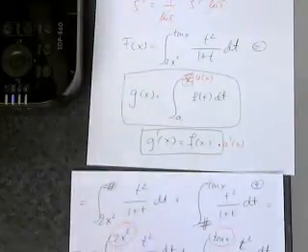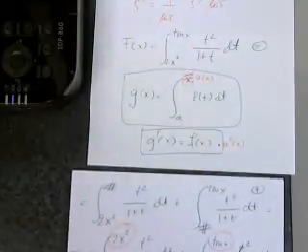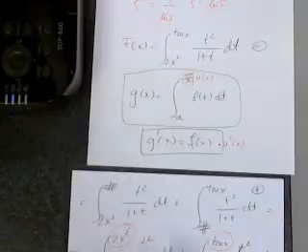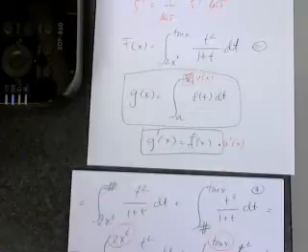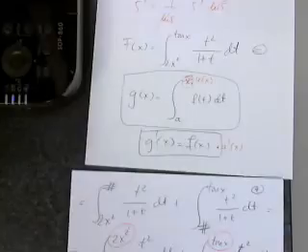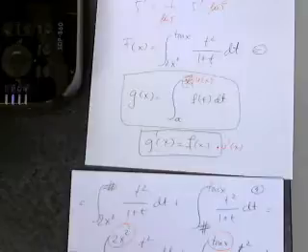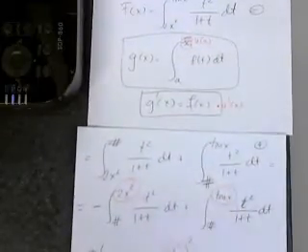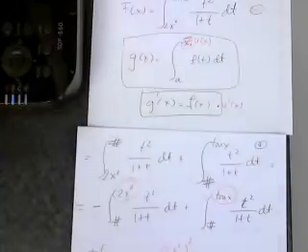So f prime will be negative. I replace 2x squared over 1 plus 2x squared, but times u prime, which will be 4x, plus tangent squared over 1 plus tangent x multiplied by tangent prime, which is secant squared.